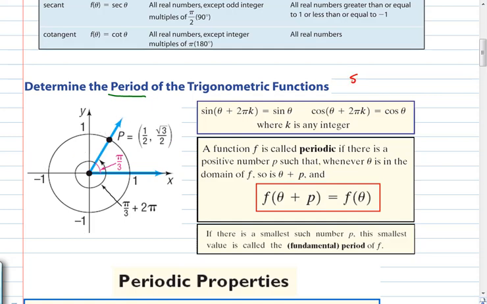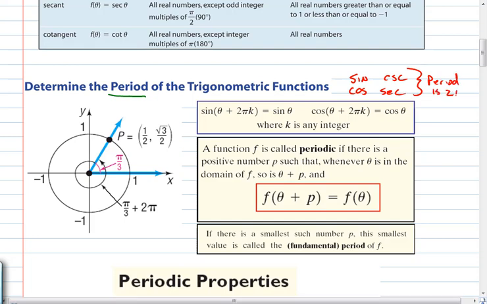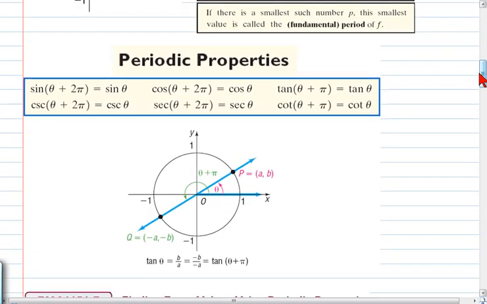For sine, cosine, cosecant, and secant, we say that the period, the time it takes to go through one complete cycle, is 2 pi. But for tangent and cotangent, the period is going to be pi. And you can see these on the periodic properties, sine, cosecant, cosine, and secant.